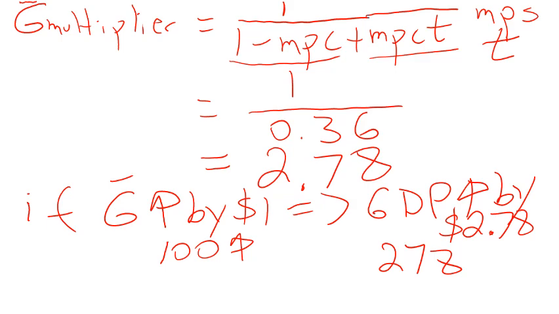And this works also in the opposite direction. If government spending goes down by $100 million, then GDP will go down by $278 million. Okay? All right.